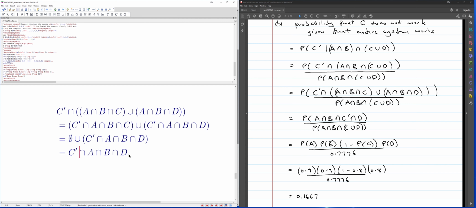That's how I go from this line to just A intersect B intersect C complement intersect D. What's inside the bracket is really the same as this, because you can change the order of the intersection of events.